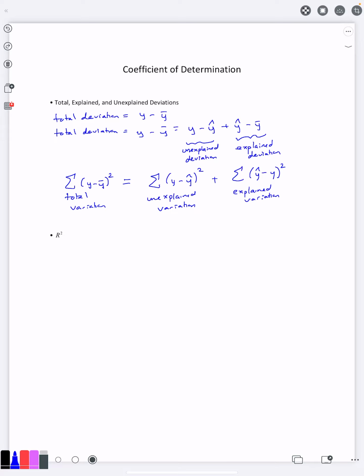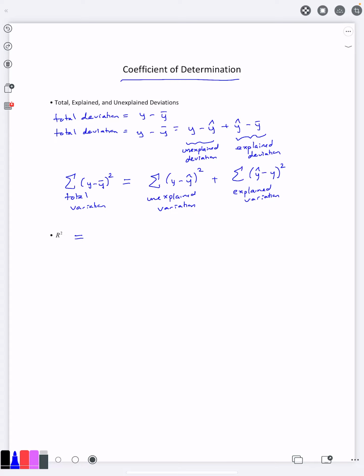So we can look at the individual deviations, break it up into unexplained and explained. If we then total each one of them to get the total variation, the unexplained variation, and the explained variation, once we have that, we can define what this capital R squared is, which is the coefficient of determination.